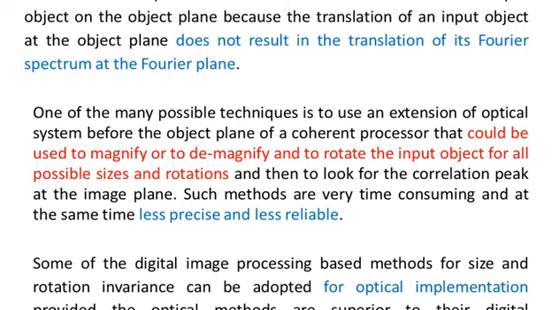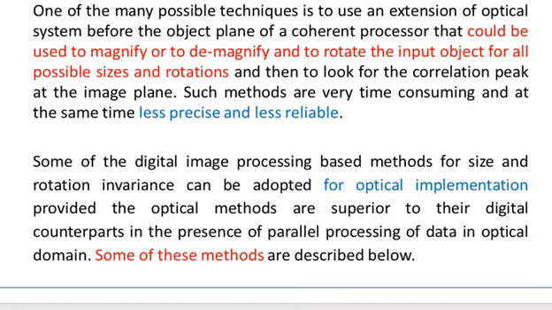One of the many possible techniques is to use an extension of the optical system before the object plane of a coherent processor, which could be used to magnify or demagnify and to rotate the input object for all possible sizes and rotations, and then to look for the correlation peak at the image plane. Such methods are very time consuming and at the same time less precise and less reliable.